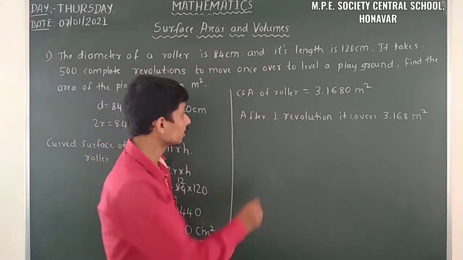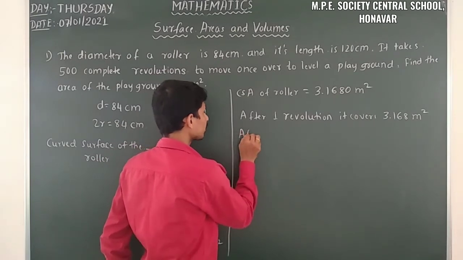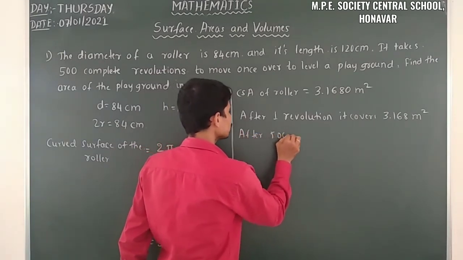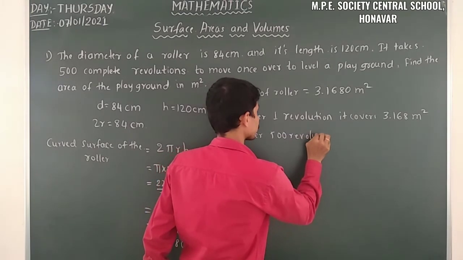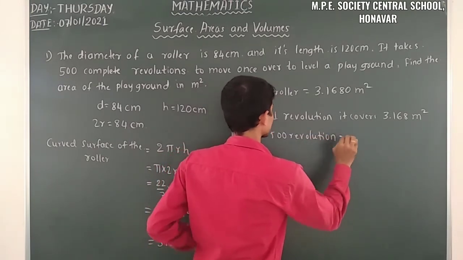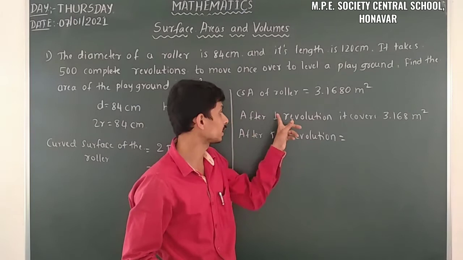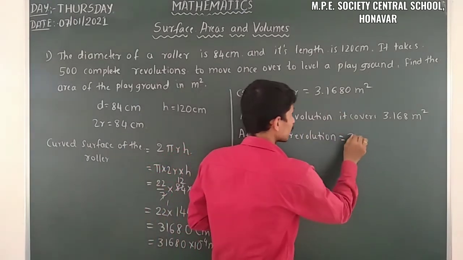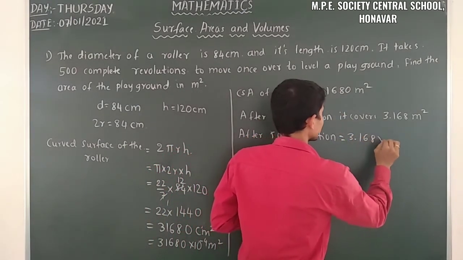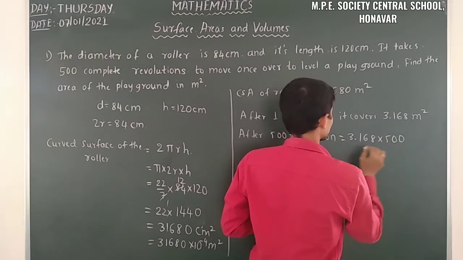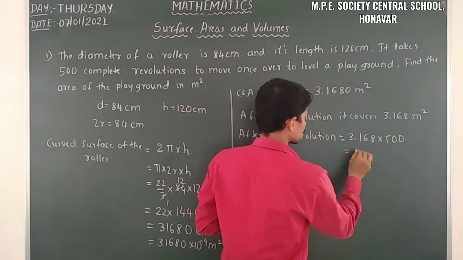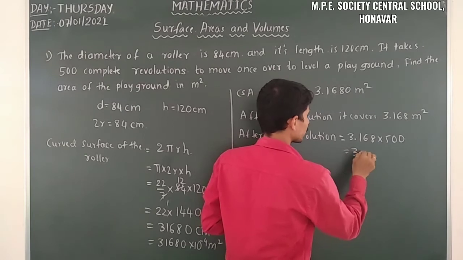So here we have to take 500 revolutions. After 500 revolutions, that means we have to multiply by 500, that is 3.168 into 500.